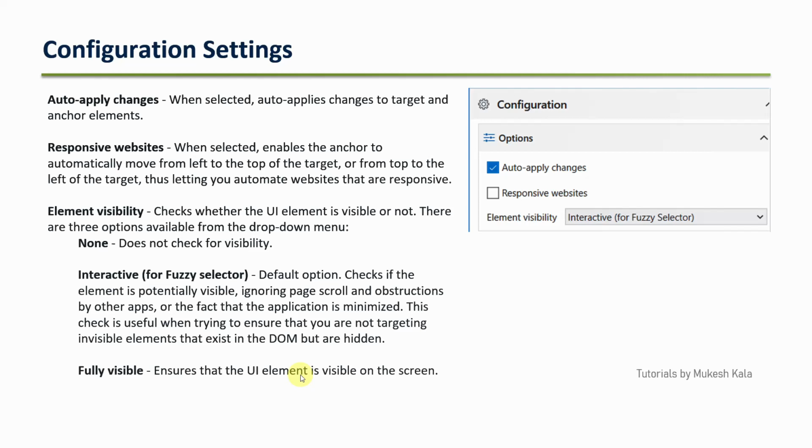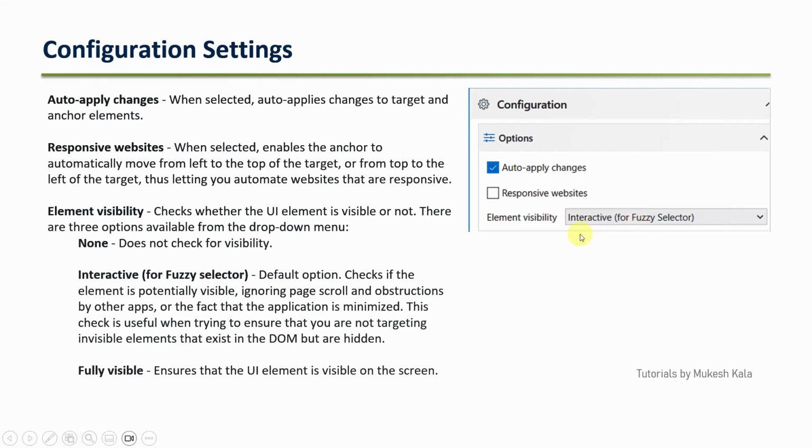Then also this property would be able to go and click and interact with the UI element, right? So if you have a button which you want to click on some dynamic website, and it is minimized, there is an additional pop-up on top of it, or somebody has scrolled it to the bottom, all you have to do is make sure that the element visibility is set to interactive for fuzzy selectors, and that's it, right?